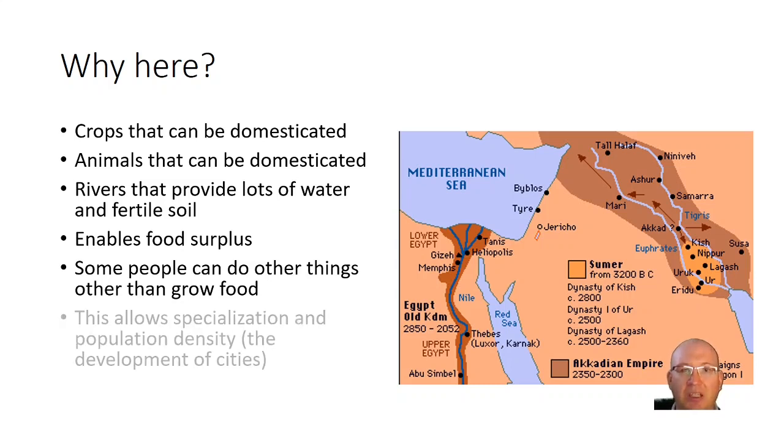So together, now that we have this food surplus, we have this increased agricultural productivity, we can now have specialization. We can have people doing things other than growing food, and this also leads to population density. What this means is you can have a lot of people living in a smaller area because the people in the surrounding area are able to produce plenty of food to feed those people.